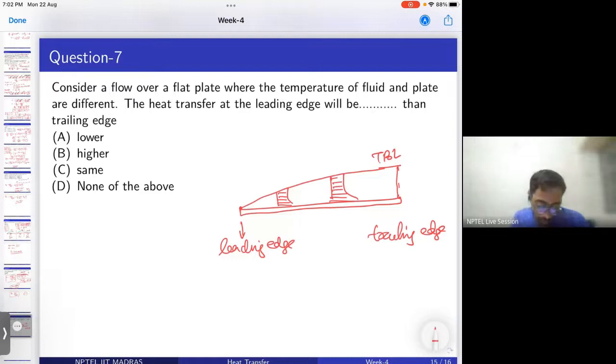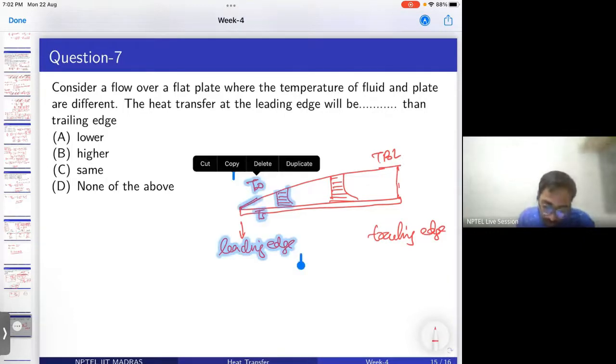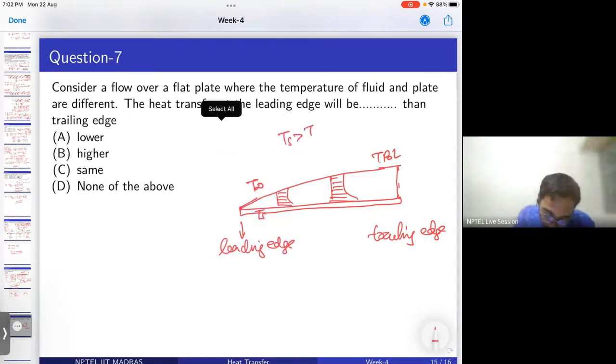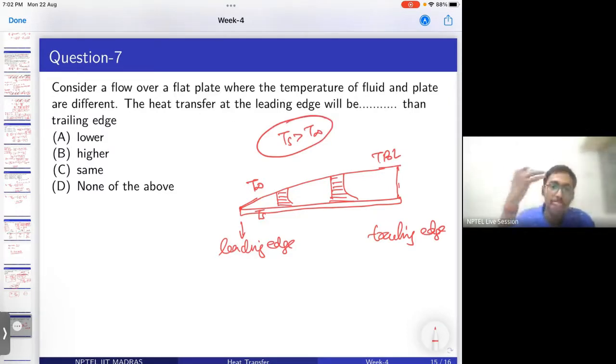If you see at the leading edge, the temperature, I'm considering Ts greater than T infinity, is decreasing within the boundary layer from Ts to T infinity over a very short distance, which means in this area dT by dy is more, because there is a sharp gradient.